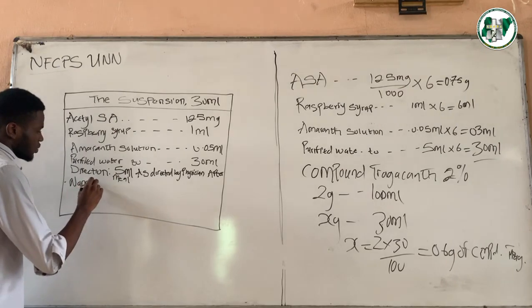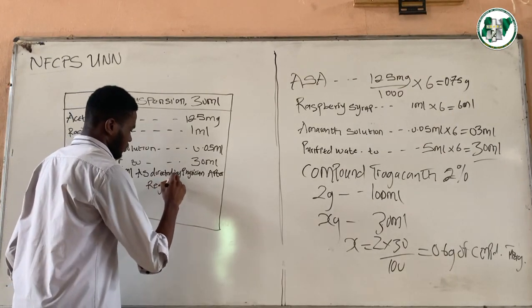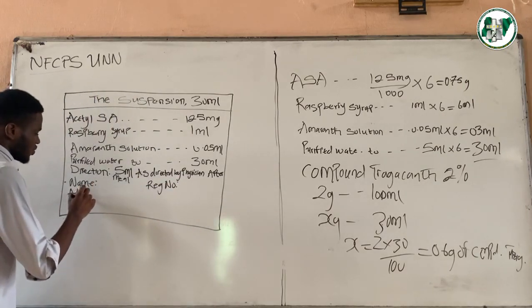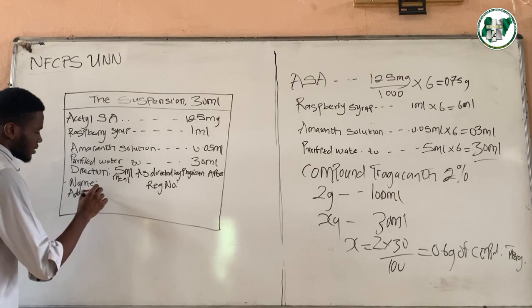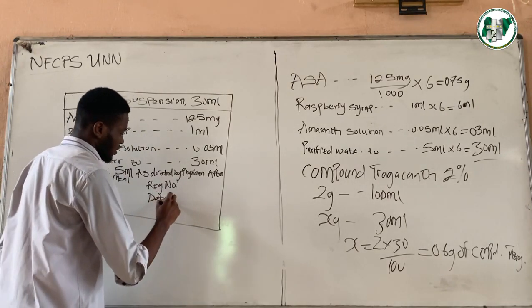Then after that, you write your name, your reg number, the address, which is usually the Department of Pharmaceutics, UNN, then the date the product was dispensed.